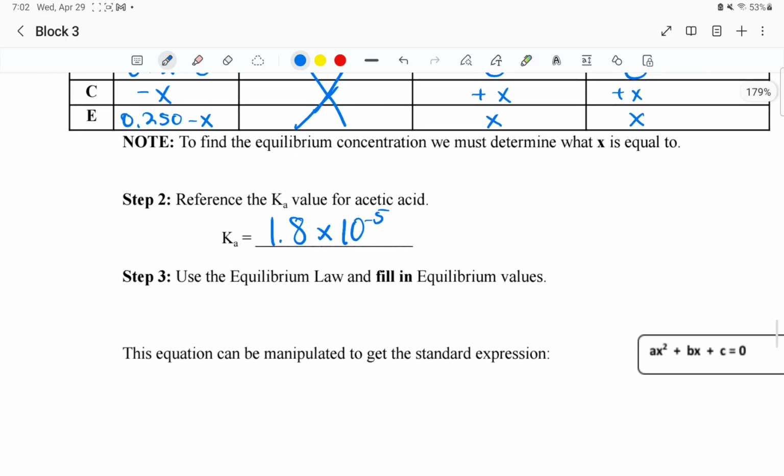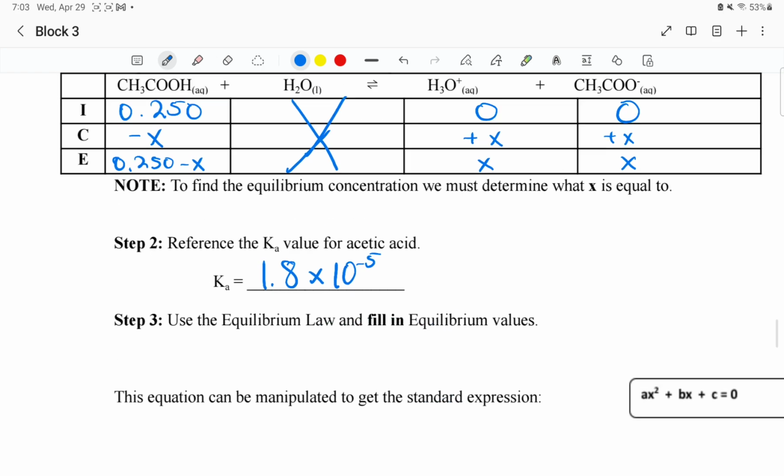Now we're going to use the equilibrium law to fill out our equation, because we have products over reactants.